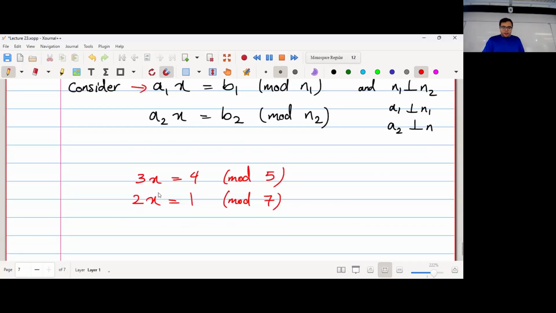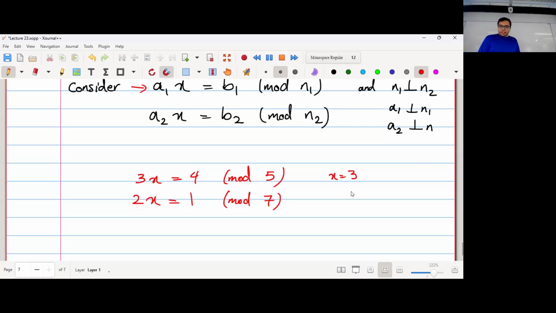Okay. Now, so I know that 3x equals 4 has exactly one solution modulo 5. What is that solution? It's 3. 3 times 3 is 9. And modulo 5, that's okay. So if I set x equal to 3, that's a solution for this one.